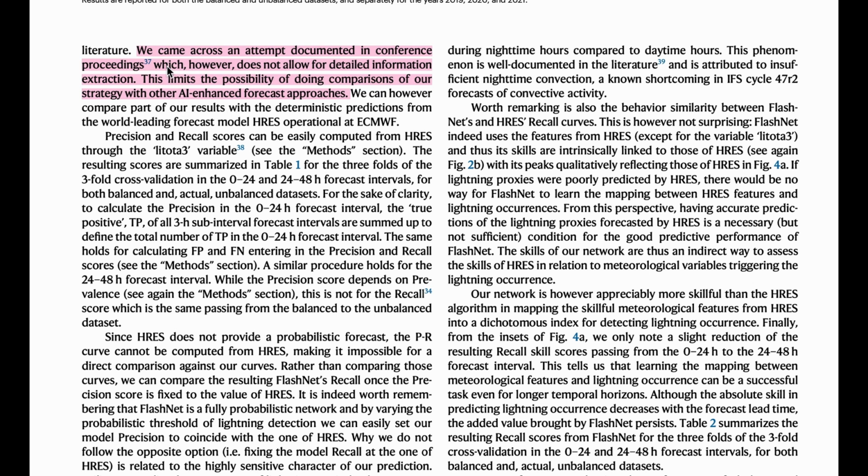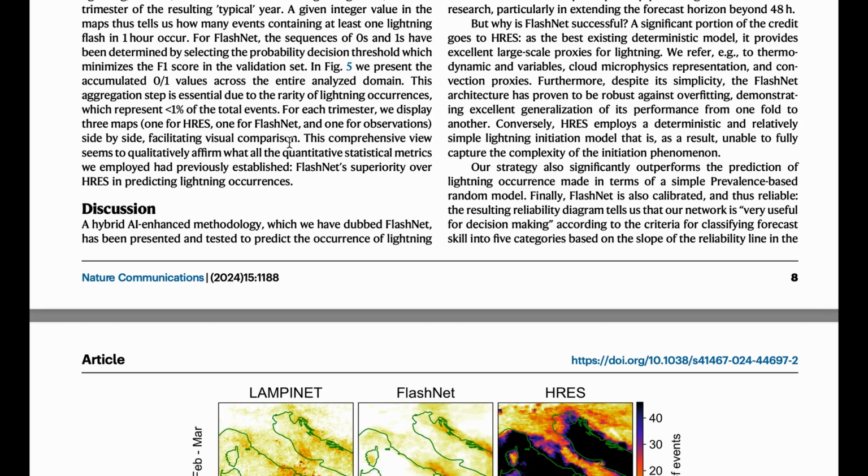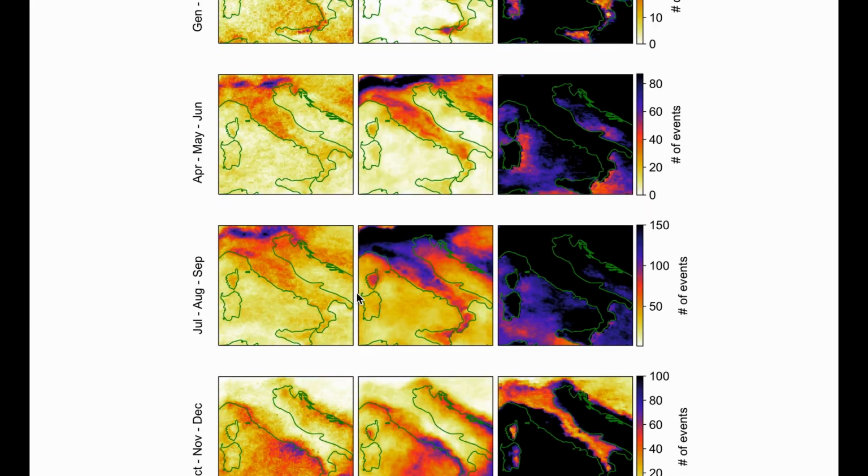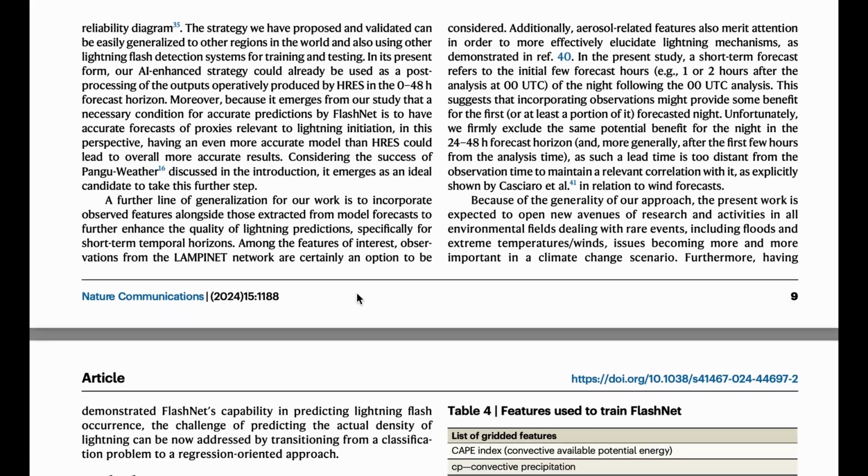Another example I showed you previously is the lightning prediction technique, where they came across an attempt documented in conference proceedings, which, however, doesn't allow for detailed information extraction, so they have a limit there. This limits the possibility of comparing our strategy with other AI-enhanced forecast approaches. You can also go down and read the conclusion section, or in this case, the discussion section, and find out what needs further investigation.